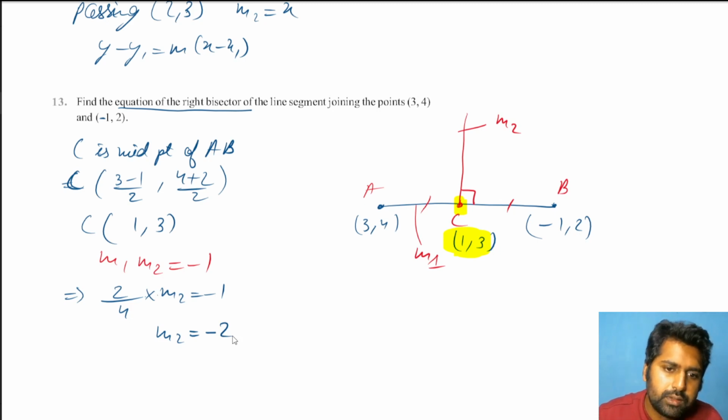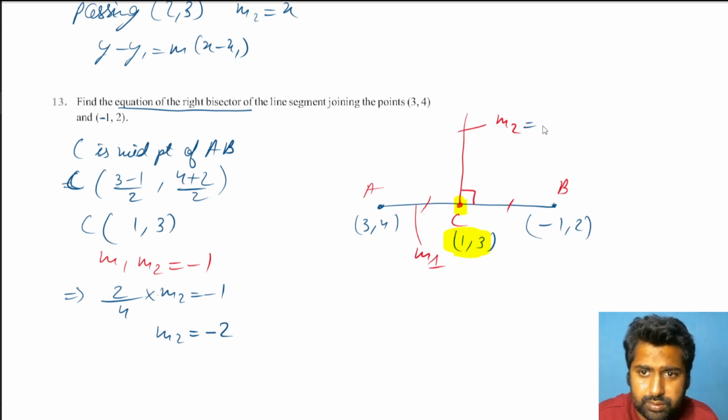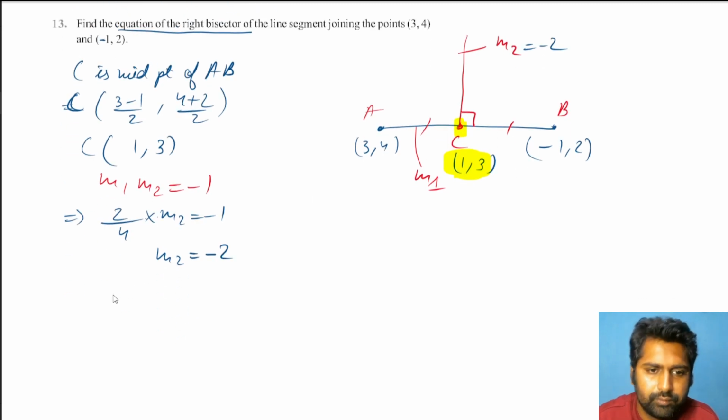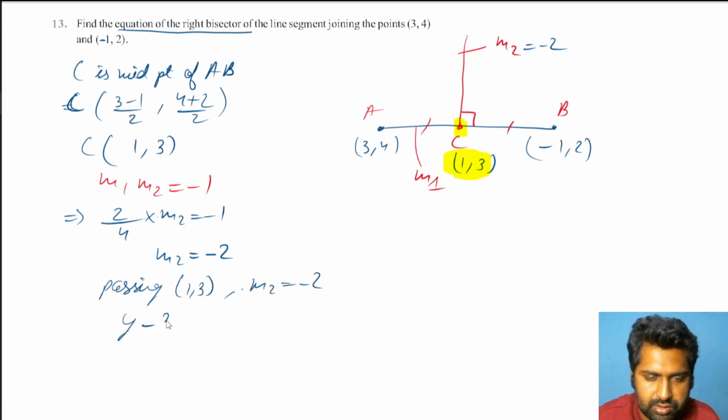Now we have the slope already calculated, minus 2. We have the slope, we have the passing point. I think you know where I'm going with this. Passing through 1 comma 3, m equals minus 2, y minus y1 equals m times x minus x1, that's this.